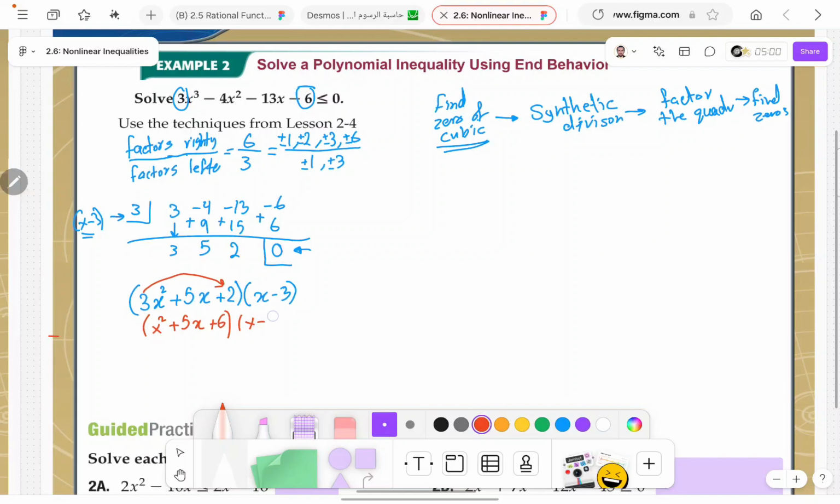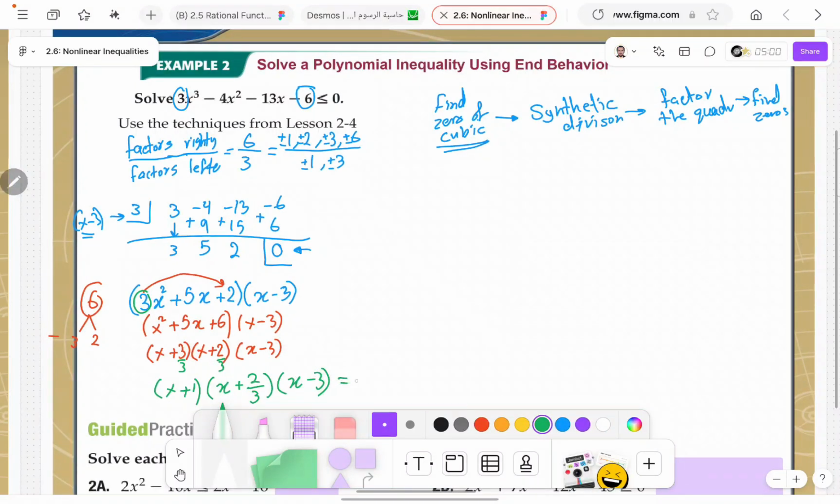What are the factors of 6 that add to give 5? It's 3 and 2. So now x plus 3, x plus 2, and x minus 3. And please don't forget to divide by the number that you multiplied, which is 3. So it should be x plus 1, x plus 2 over 3, and x minus 3.